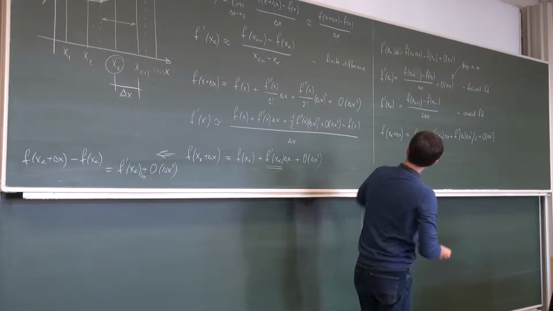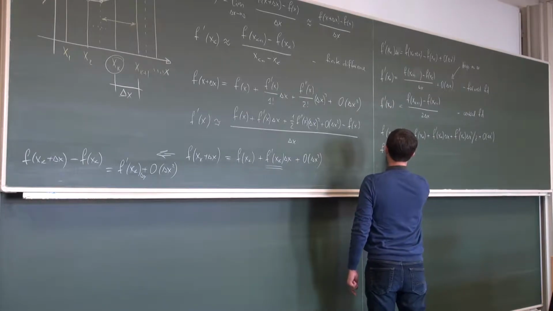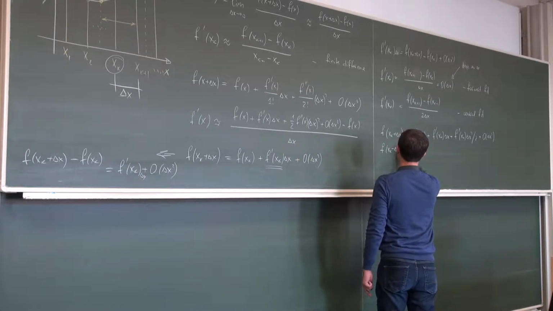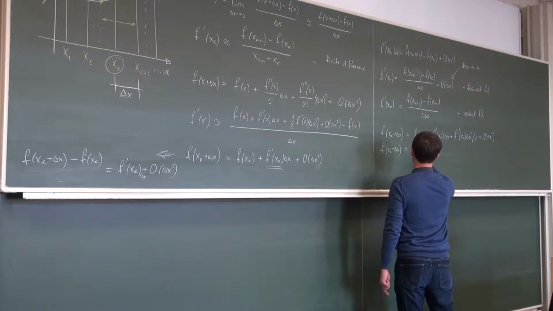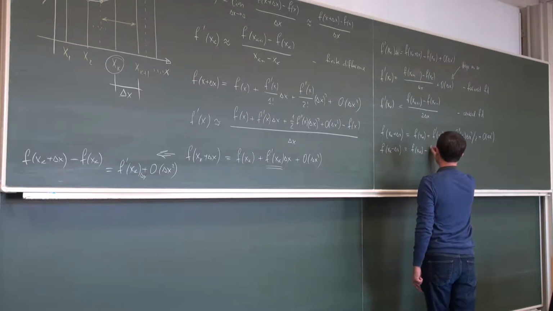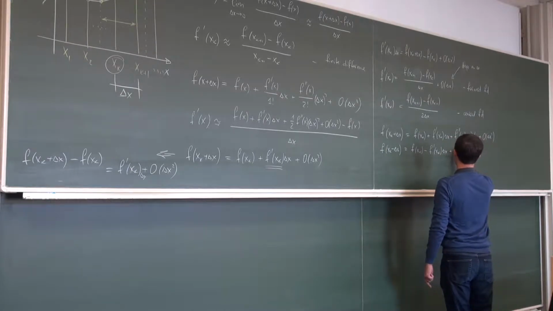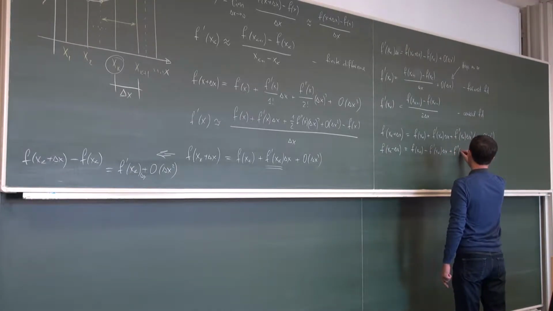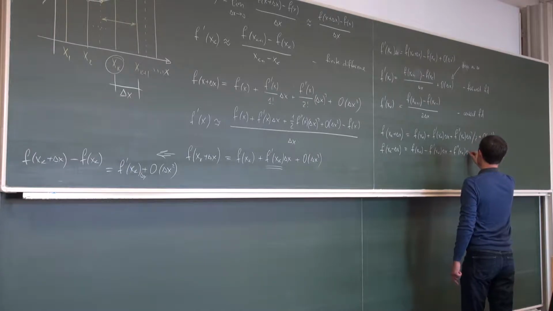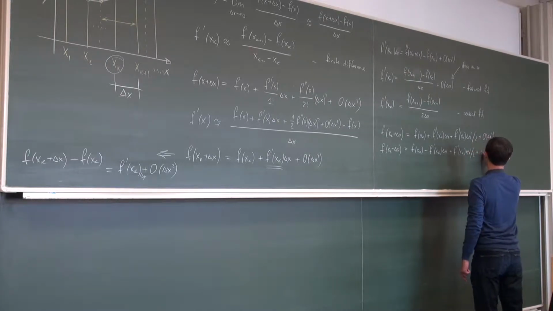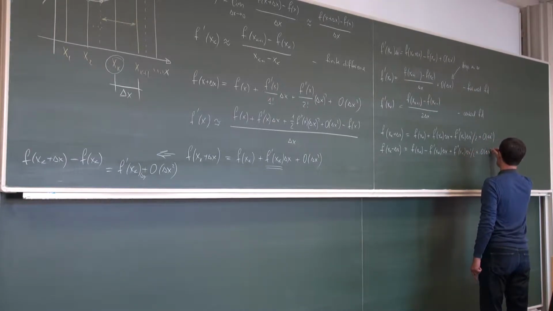If we look at the other point, f of xk minus delta x is f of xk minus f prime of xk delta x plus f double prime of xk delta x squared over 2 plus order of delta x cubed.